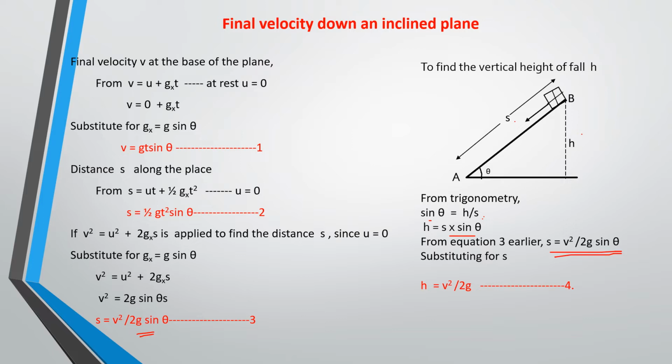So if you substitute this into this equation, you will have v squared over 2g sine theta multiplied by sine theta.